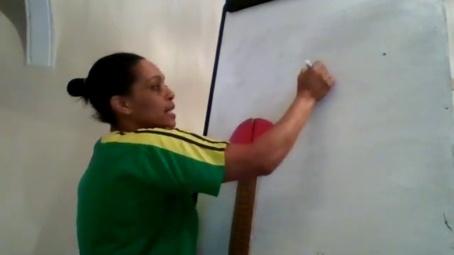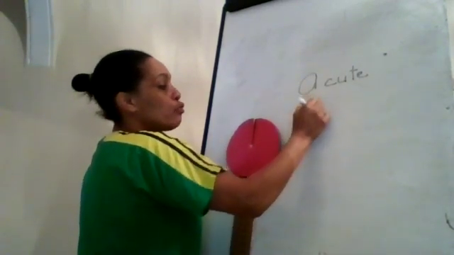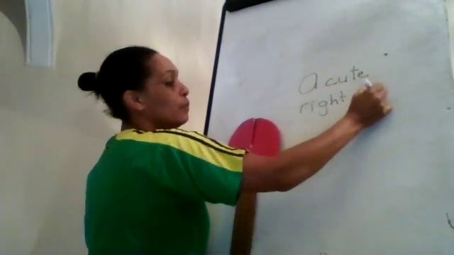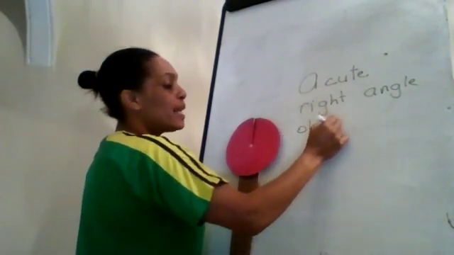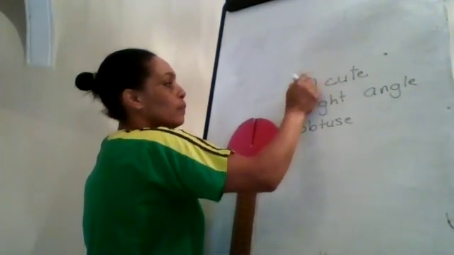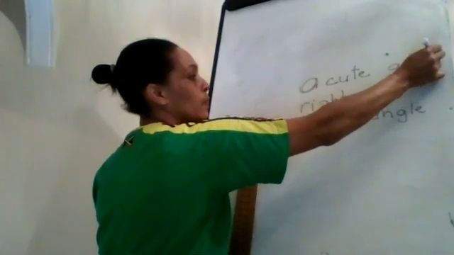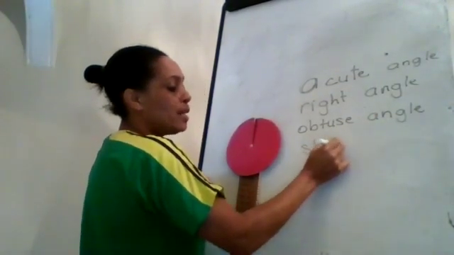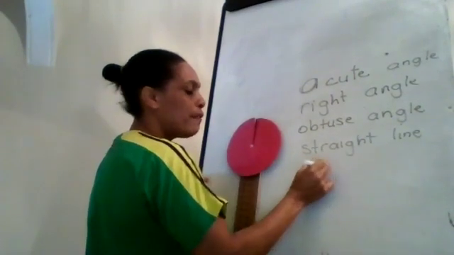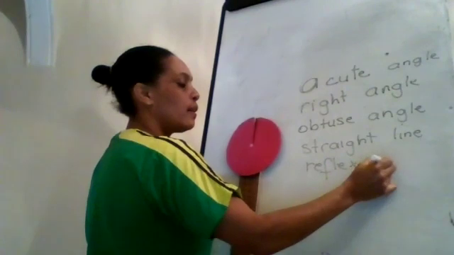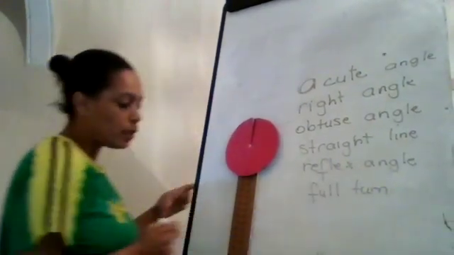So today I'm going to be looking at acute angle, right angle, obtuse angle, straight line, reflex angle, and a full turn. That's what we're going to be looking at today.